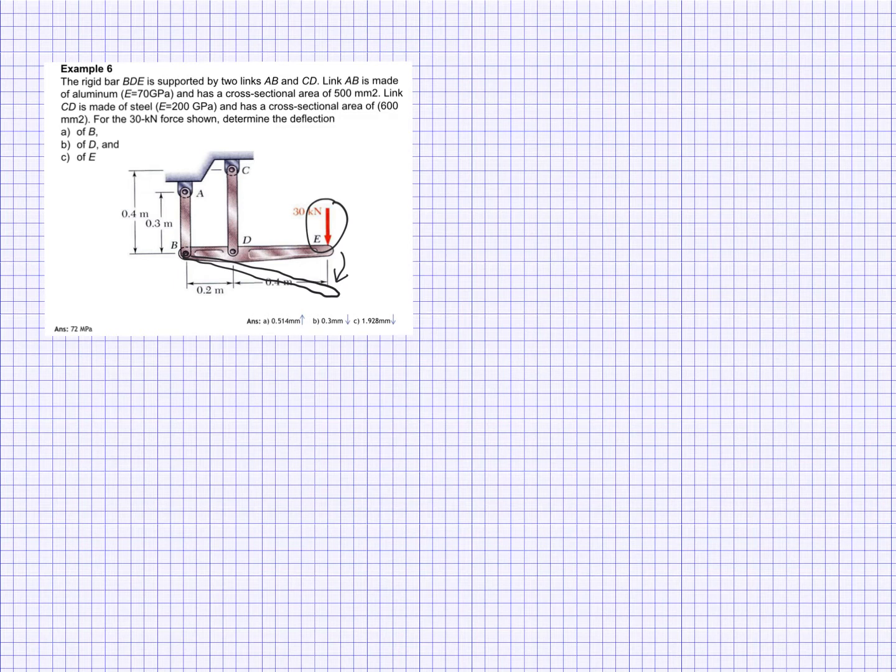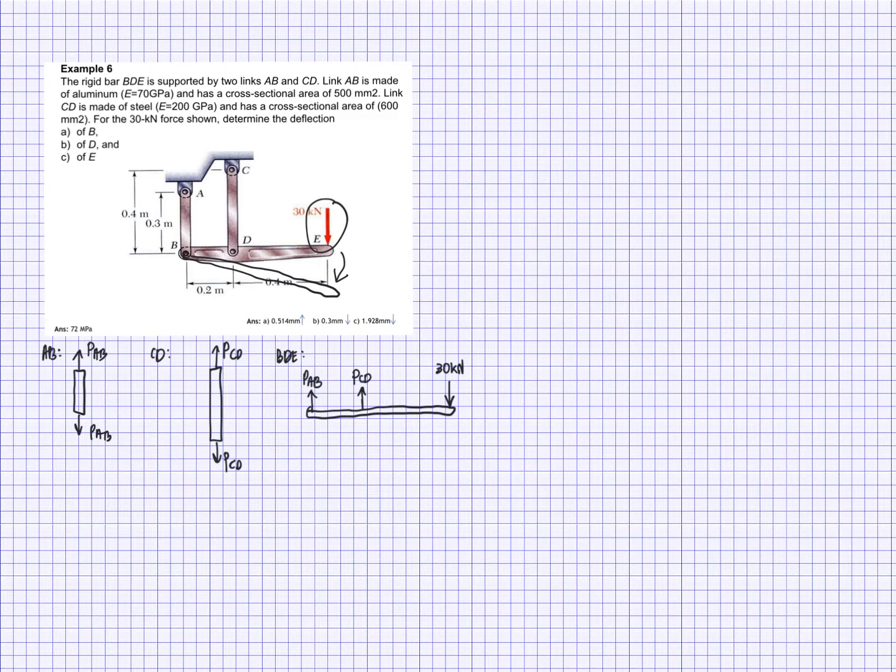Okay, so first thing first, what you have to do is take out the link AB, and then we have link CD, as well as the bar BDE, the FBD for bar BDE.